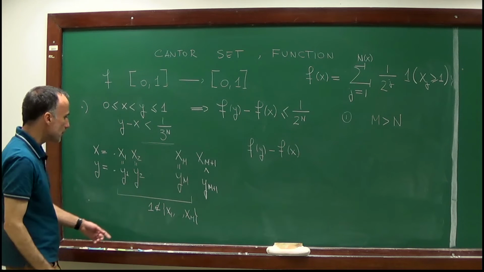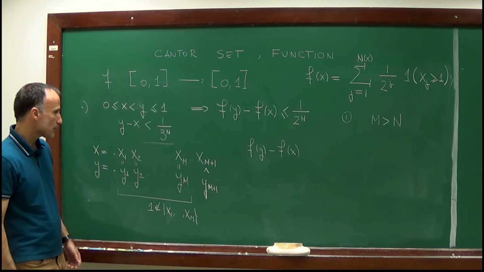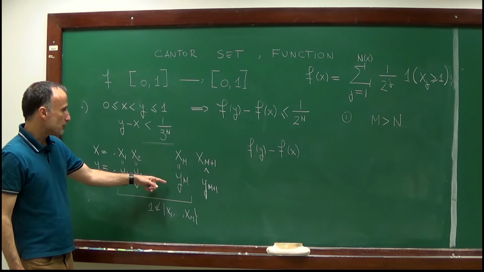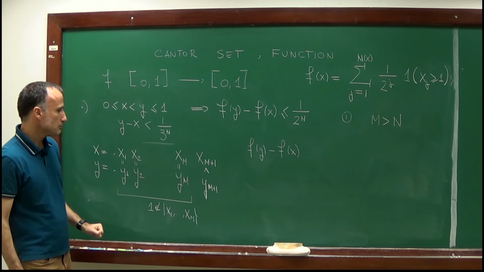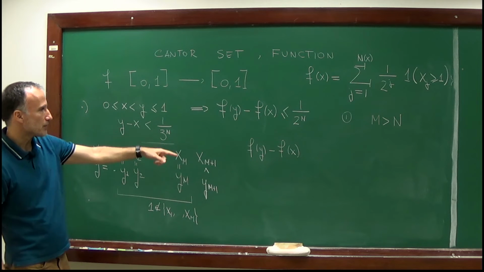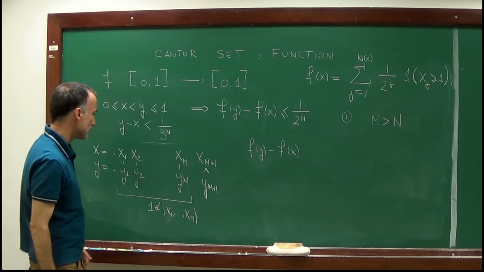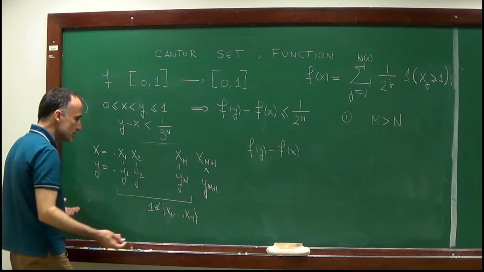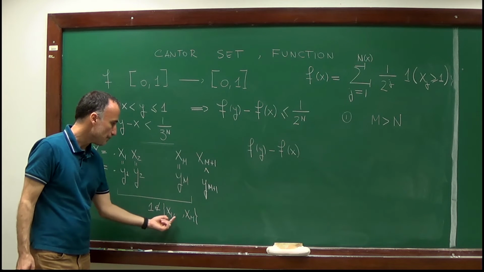Okay, so let me repeat the argument. If 1 belongs to this set x1, ..., xm, then n of x is equal to n of y, and it's smaller than m, and therefore f of x is equal to f of y, and therefore we have this inequality, so there is nothing to prove. So the only case of interest is the case in which 1 does not belong to x1, ..., xm.